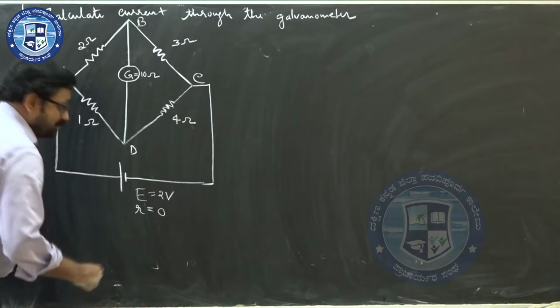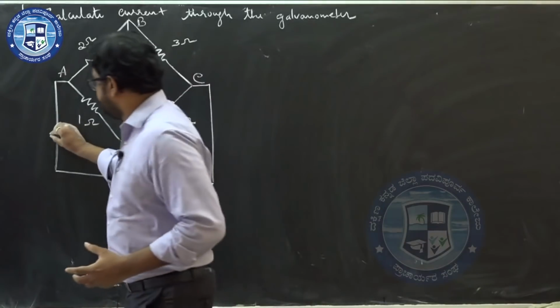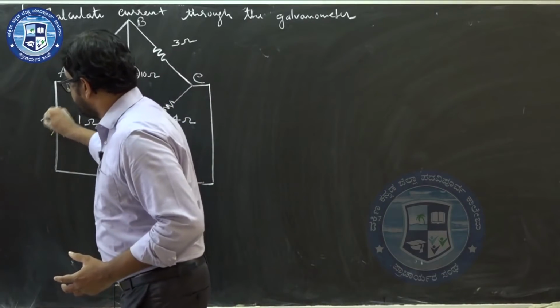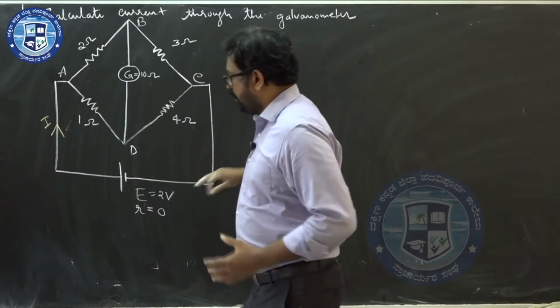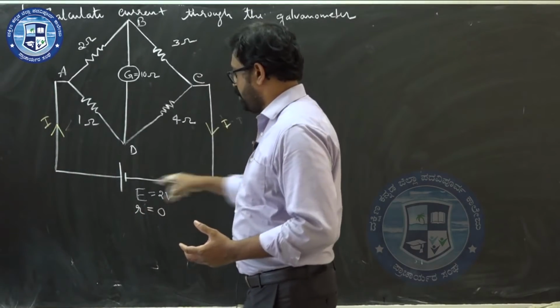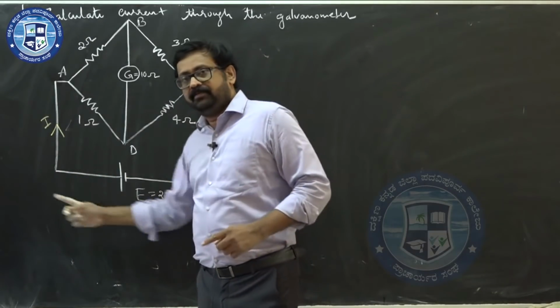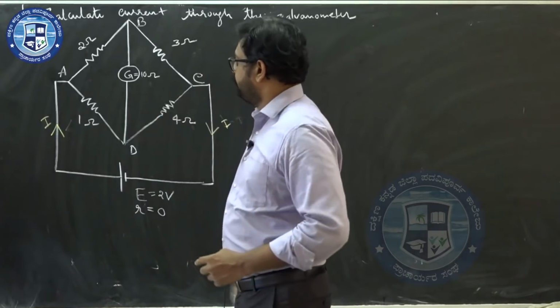Let us mark current in the various branches in the circuit. So here if I say current is I, as long as it is a single branch, current should be I only, no? Here the current should be I. Why I named the direction like in this direction? Because this is the positive terminal of the cell, current should be sent in that direction.